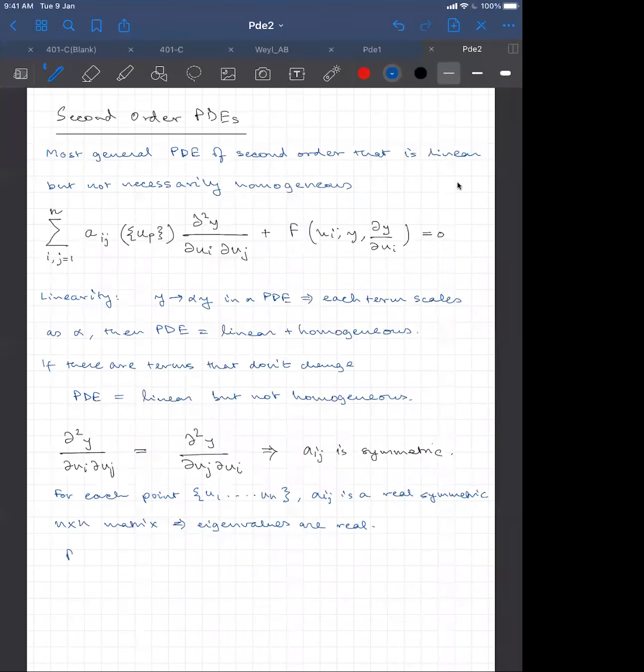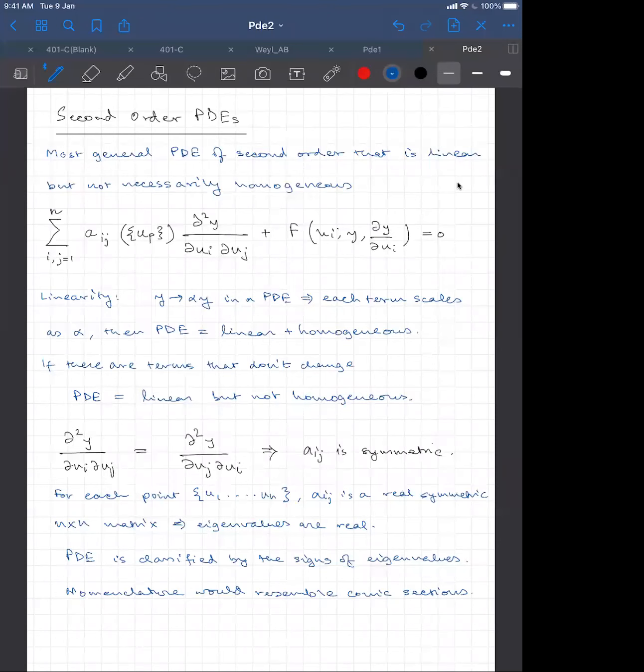The PDE is classified by the signs of the eigenvalues, and the nomenclature would resemble conic sections. Okay.